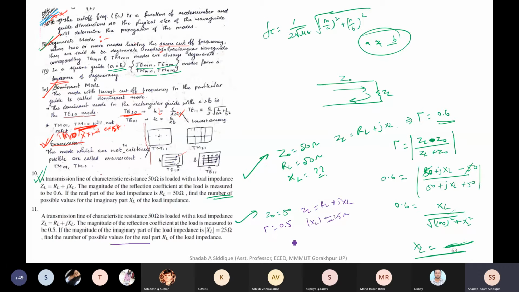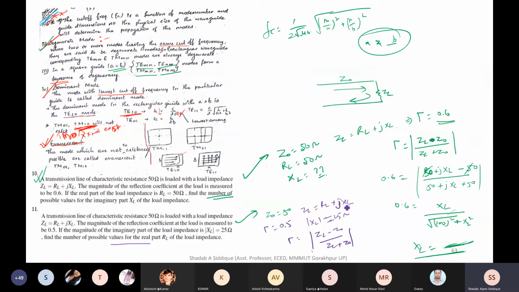So gamma is equal to the magnitude of ZL minus Z0 divided by ZL plus Z0. We substitute gamma as 0.5 and ZL as RL plus JXL. XL is given, with the J attached, so don't be confused.